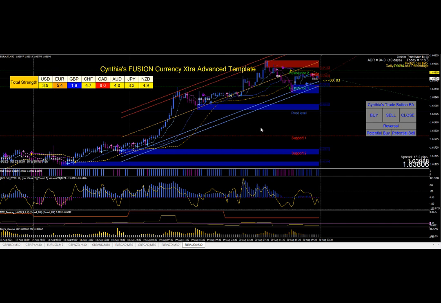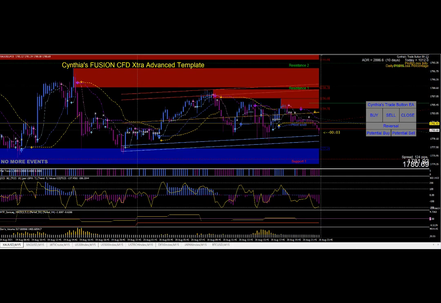Now I'm going to switch to the CFD template for the Xtra advanced, and I'm going to click on the profile, and then we'll load up the profiles for the Xtra advanced for the CFDs. Okay, I have the CFD Xtra advanced template loaded via the profile that I've created for you.